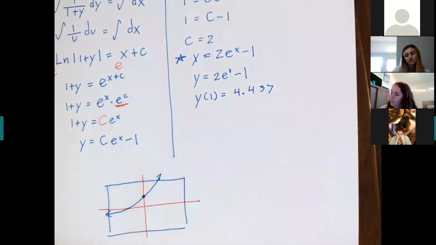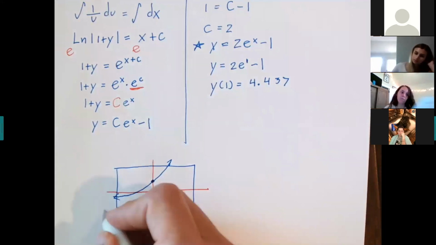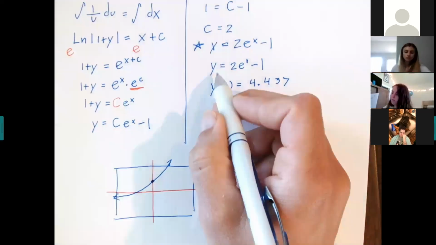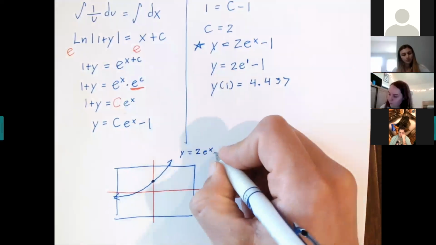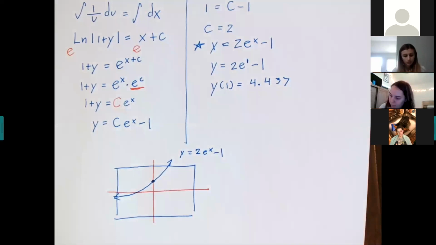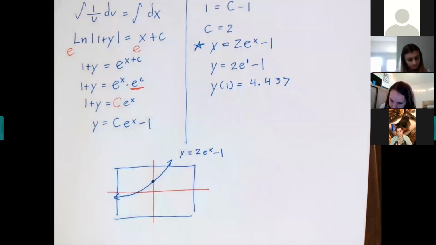Are you with me? So what they're trying to make you understand is that what the slope field does for you is that this is supposed to be y. This right here is supposed to be y is equal to 2 e to the x minus 1. That's what you just found algebraically here, where here you did it with the slope field. And I'm not really sure you could even tell, because that's not big enough.